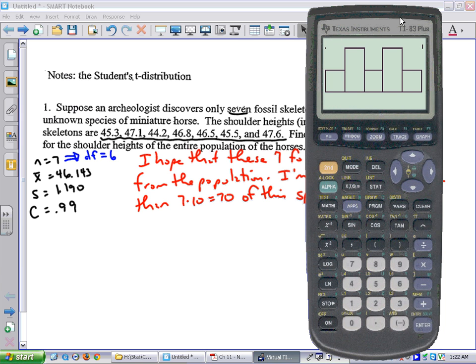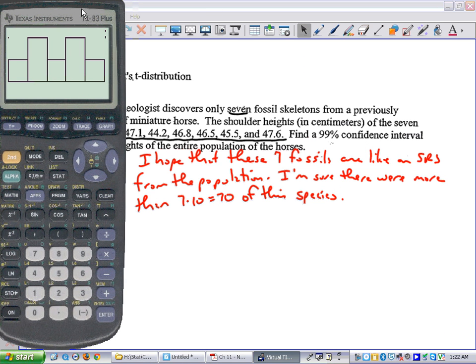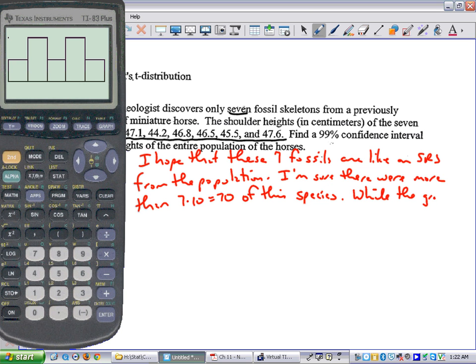So looking at a histogram, I get this graph, and I could say this: while the graph of the data is clearly non-normal itself, and then I'm going to draw a little sketch of it so that somebody can see for themselves what I'm talking about. And all I really care about here is the shape, so I'm not overly concerned that you label it or do anything else.